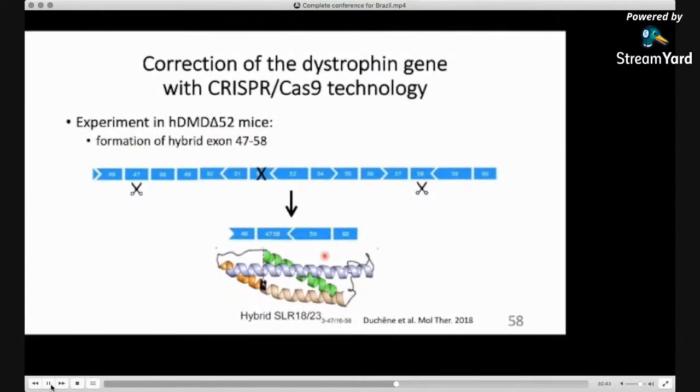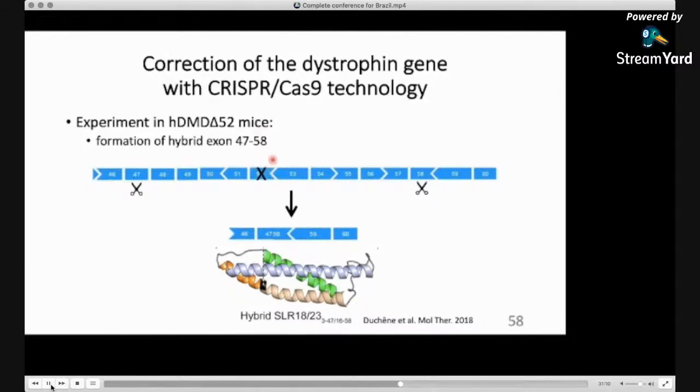We then use for our in vivo experiment a new mouse model called HDMD Delta 52. It's the same mouse model as previously that contained the dystrophin gene with all the exons and all the introns, except that this mouse has a deletion of exon 52, and thus there is no expression of the human dystrophin gene.